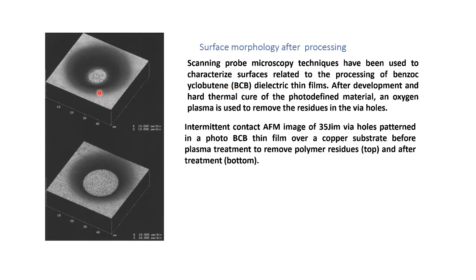This dielectric material is modified later, and oxygen plasma treatment was done on top of that to remove the residues. So both the before and after images can be compared with the help of the AFM characterization.